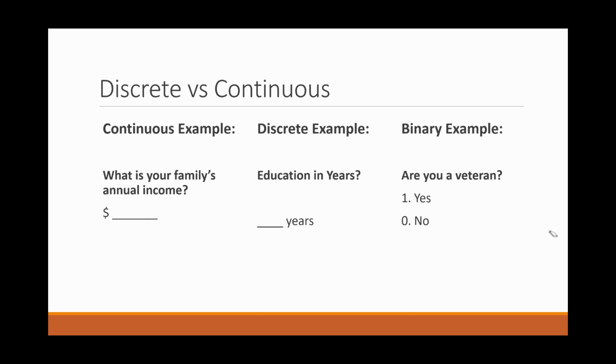If we measured someone's education in years, that would be discrete. It can only take on specific particular values within a range. And then lastly, which again, admittedly, isn't really a quantitative variable, but we use it like it is, a binary variable. We could ask, are you a veteran? And it's simply yes, which is given the value of 1, or no, which is given a value of 0. Okay, that's quantitative data.